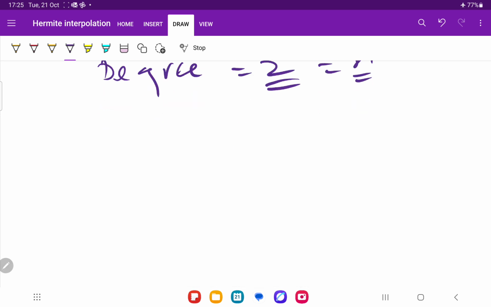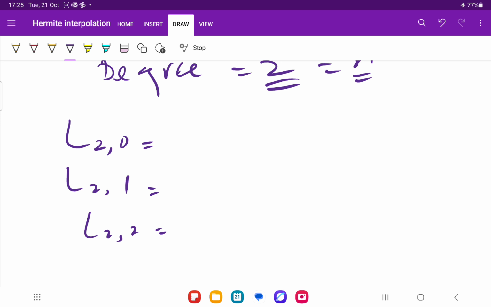So I'm just rewriting whatever is there. First of all you will write your degree and then L2,0, L2,1, L2,2. So here 2 is representing the degree of the polynomial and 0, 1, 2 again representing the same thing, L0, L1 and L2.